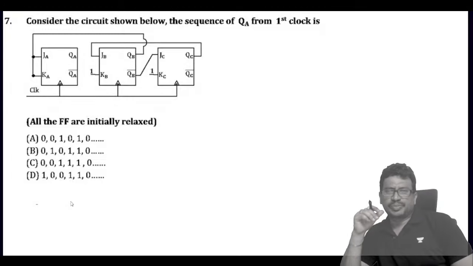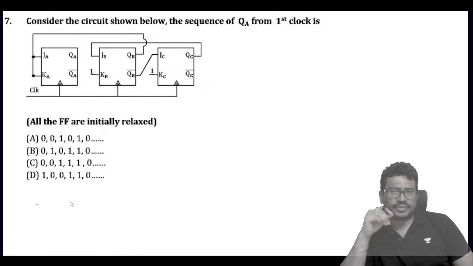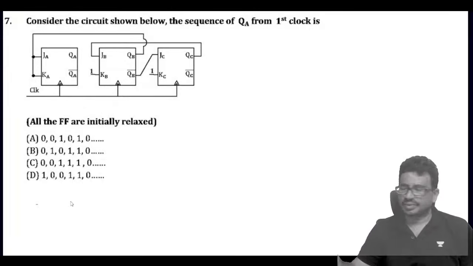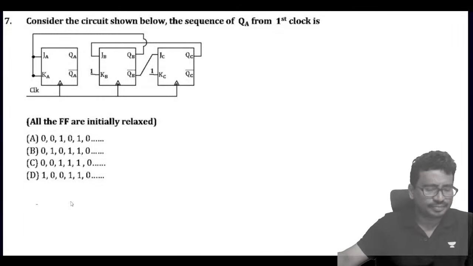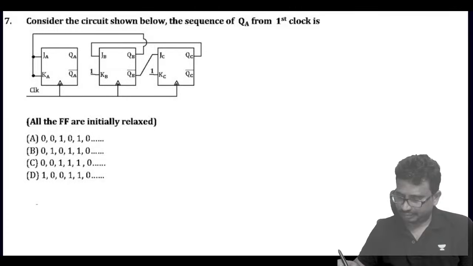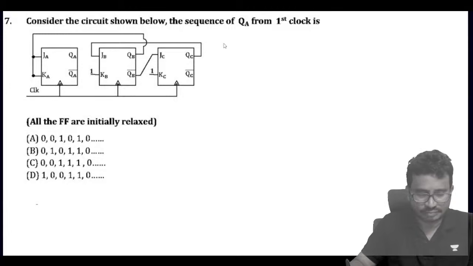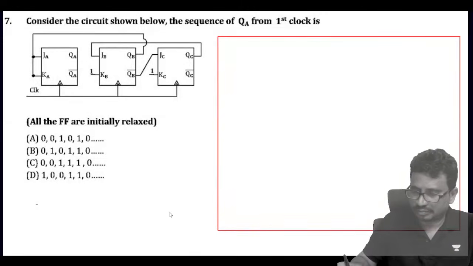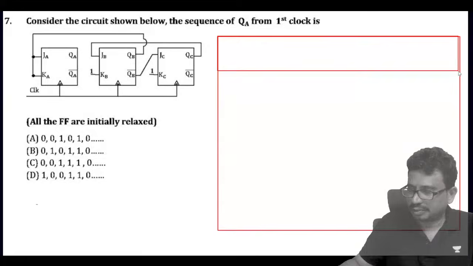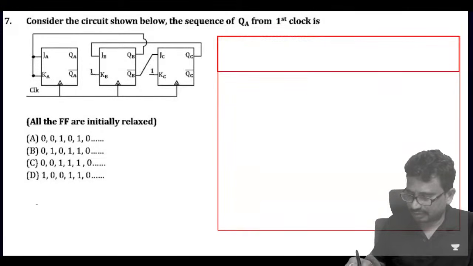Next. Consider the circuit shown below. The sequence of QA from the first clock is. They are asking what will be the sequence of QA we will get. And we will form a tabular form. So you can see the inputs now properly.